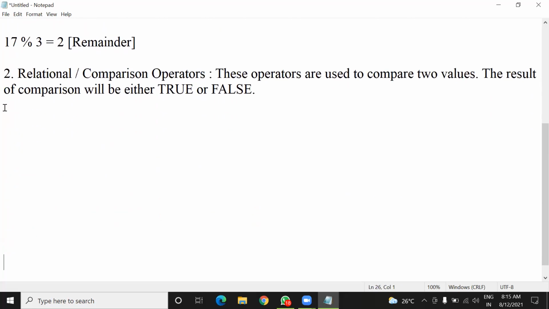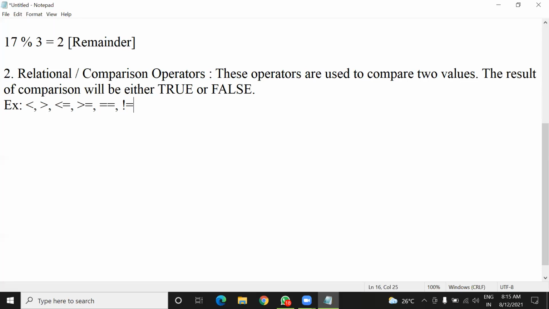Now what are the operators in relational operators? For example, less than, greater than, less than or equal to, equal to, greater than or equal to, and not equal to. So these are the operators under the category of relational operators.